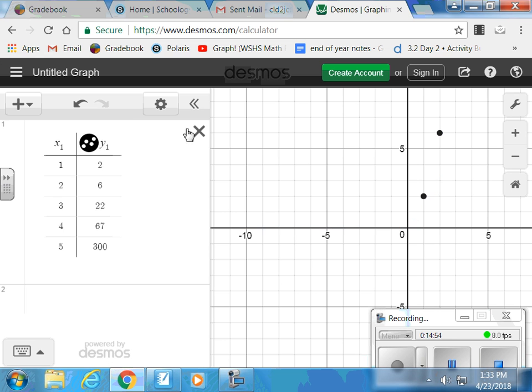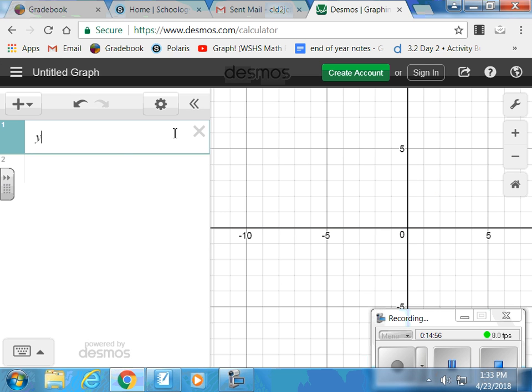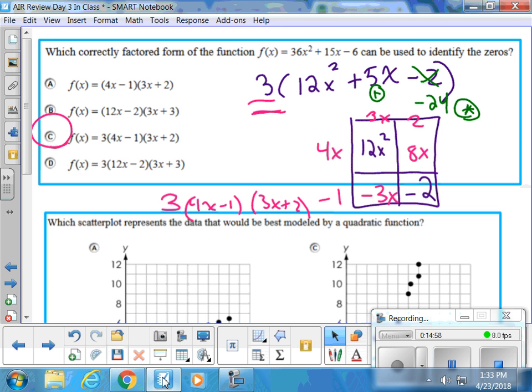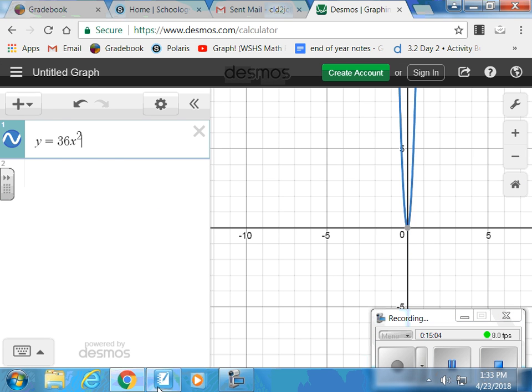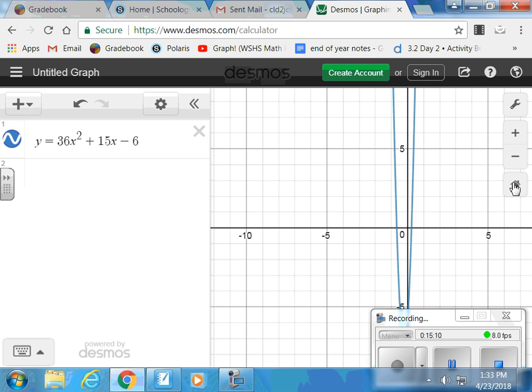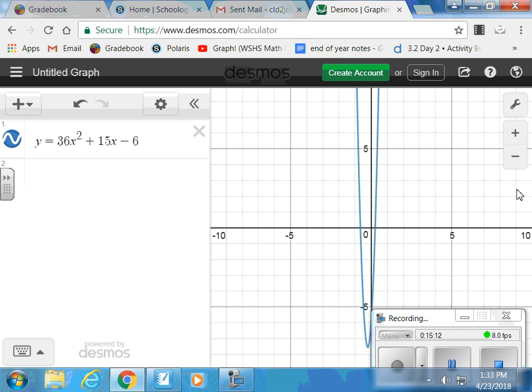Clear out all my old stuff. Got these y equals instead of f of x equals. But 36x squared plus 15x minus 6. So there's that parabola. I'll hit home so I can see my default zoom. Now you can just go through every single choice and try it.